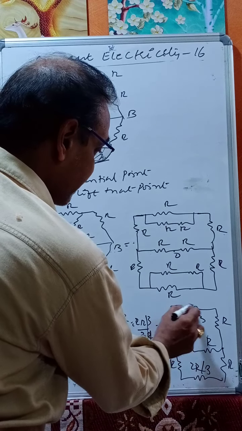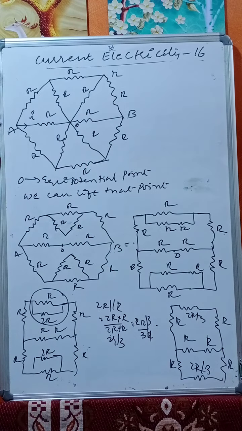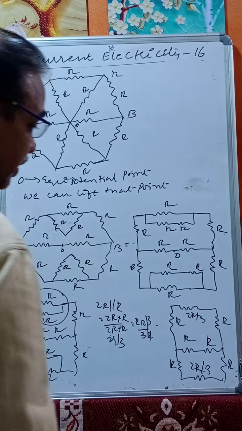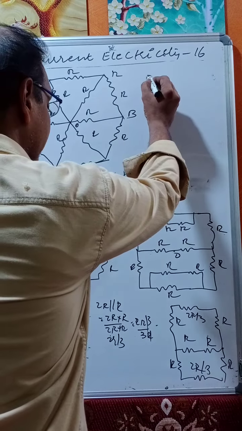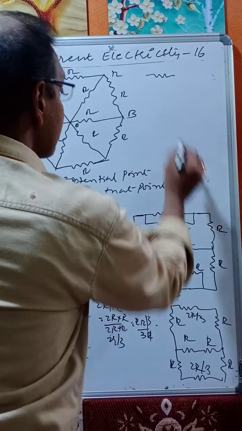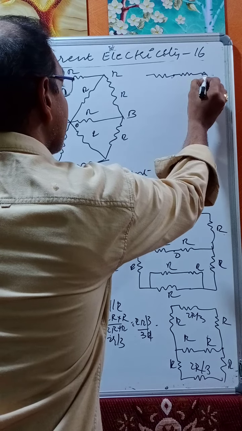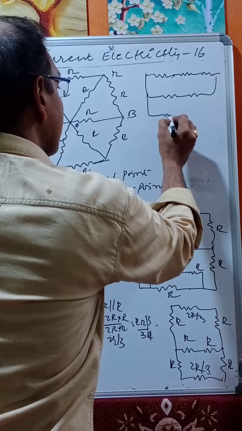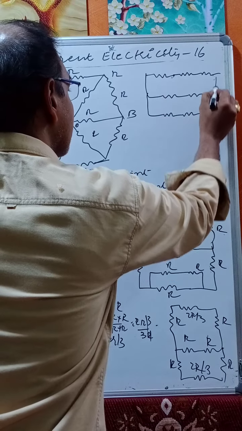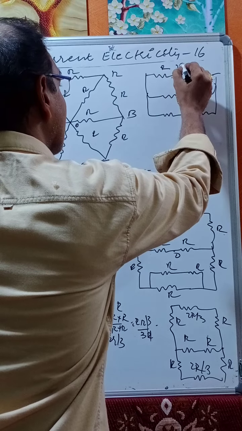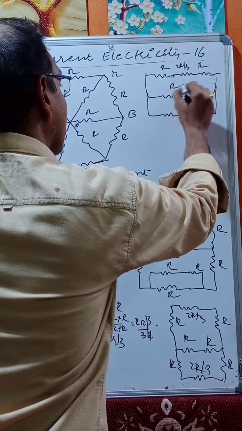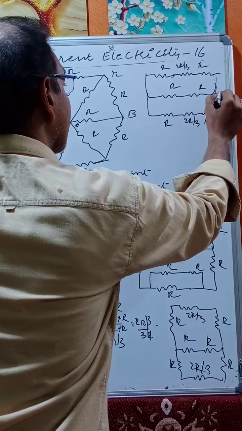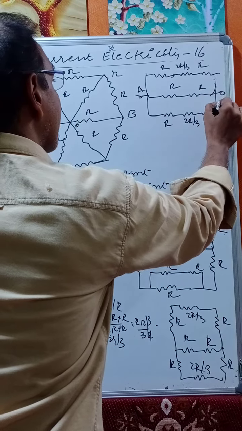This will be R in series with 2R by 3 in series with R. So the circuit will be R in series with 2R by 3 in series with R, between A and B.